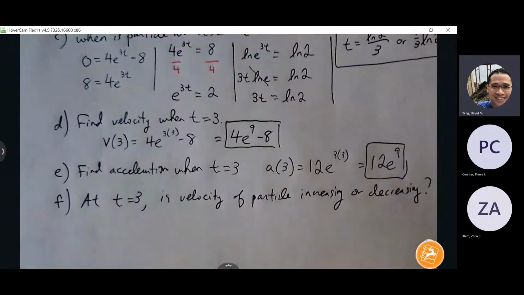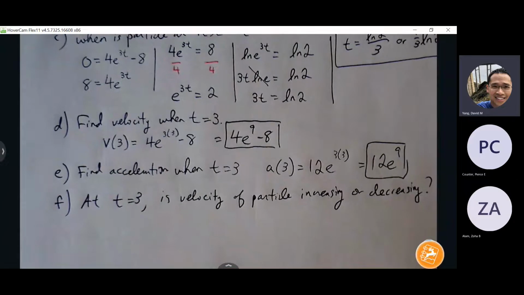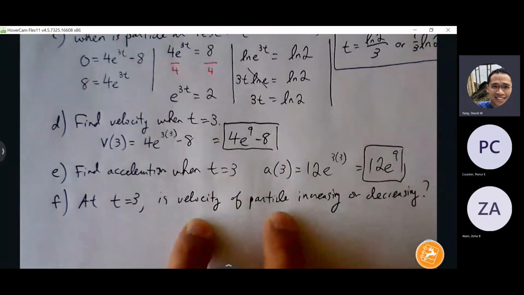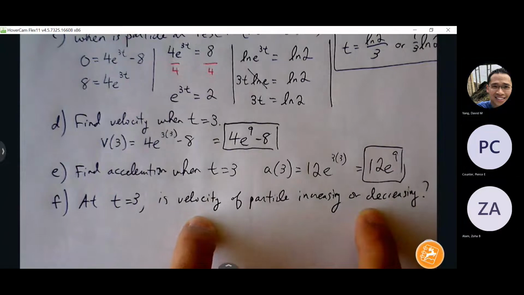Okay, at t equals 3 is the velocity of the particle increasing or decreasing? How do we interpret this and what steps do we take?